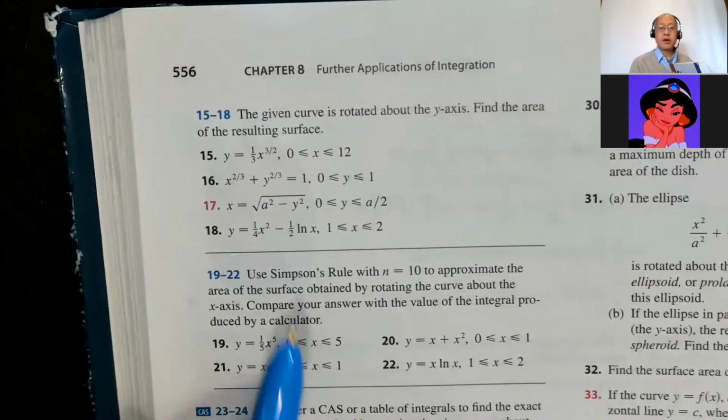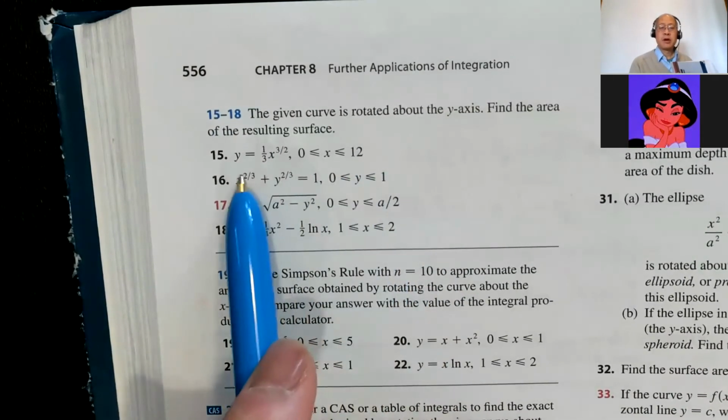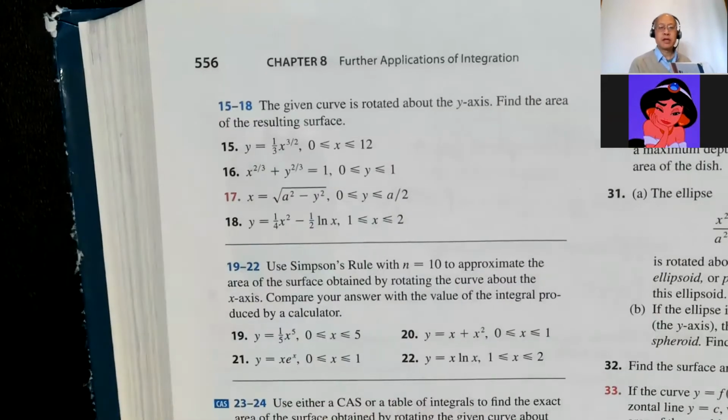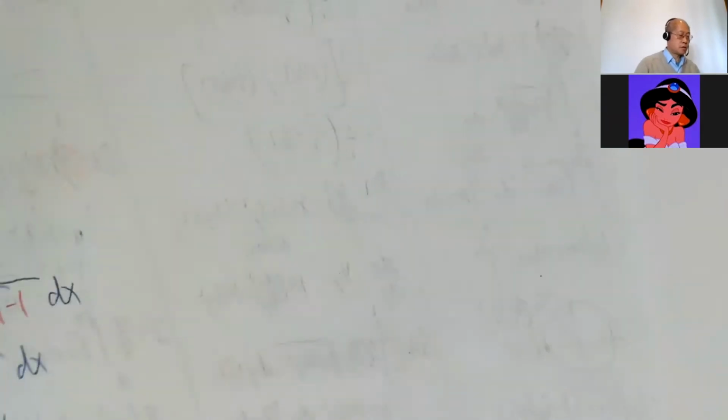All right, so that is that. I might as well go back and show you the other one. It wasn't on my original list, but I might as well do it. Okay, so y is 1/3 x to the 3/2, x between 0 and 12. Spin about the y-axis. Okay, I don't have this one pre-done, so we'll just go ahead and do it now.